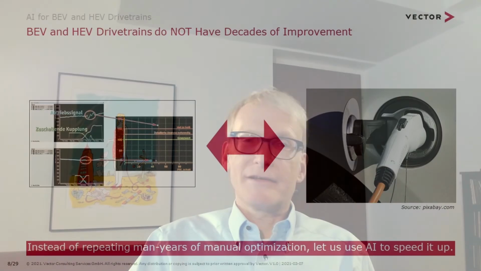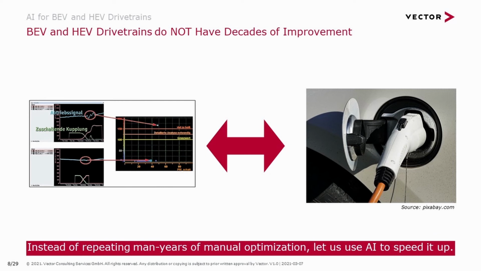It's not comparable to what you had 10 or 15 years ago. So why not use something that helps us do the optimization fast and efficiently, applying this to HEV and BEV drivetrains, because we do not yet have the experience.